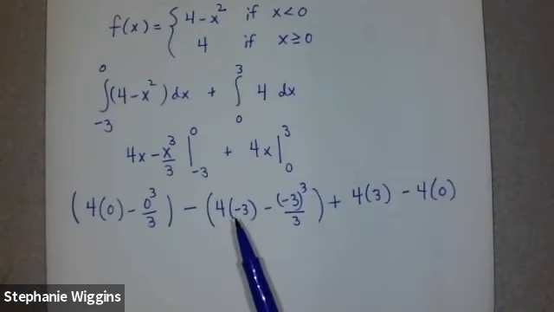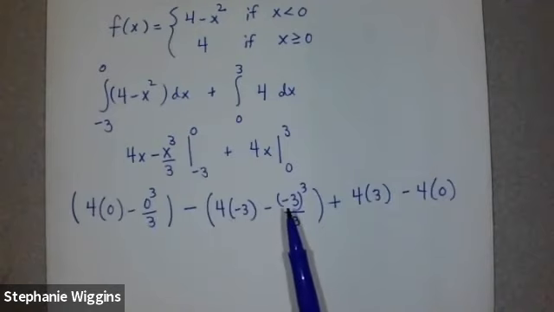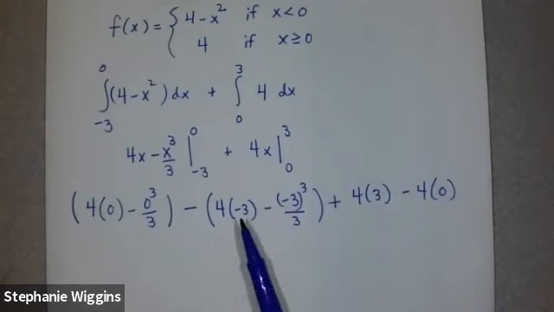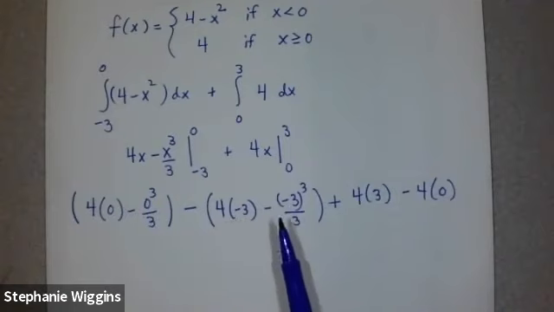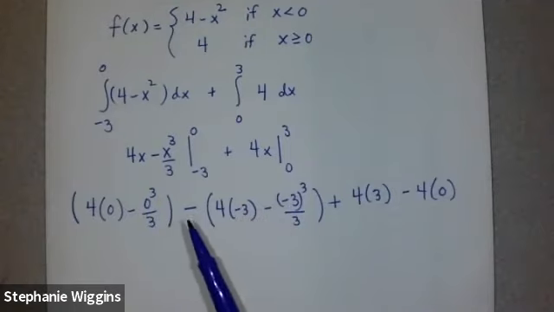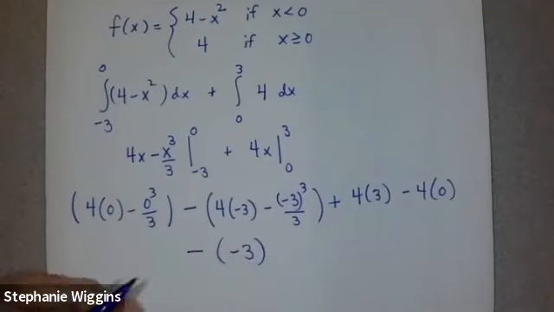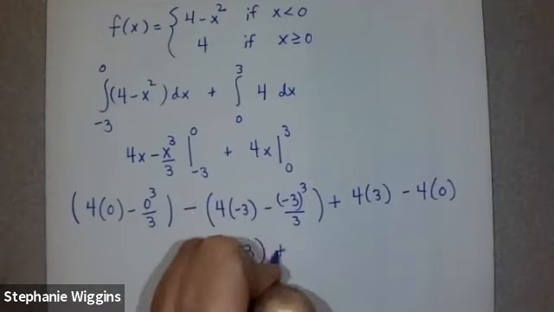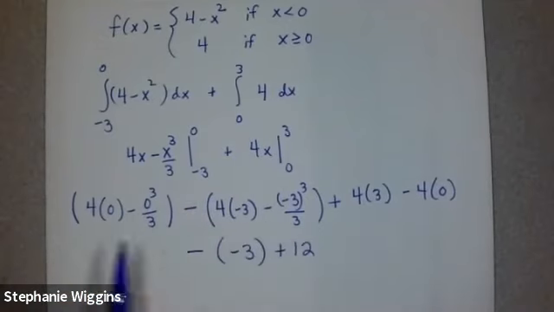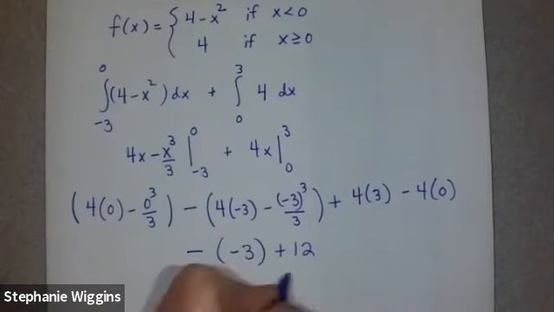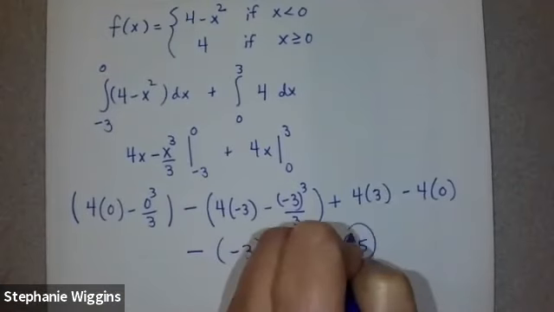I have -12 plus, because of the double negative here, 27 over 3, which is 9. So -12 plus 9 is going to be -3, but then I'm subtracting -3. So I'm subtracting a -3. And then I'm adding 12, 4 times 3. So that's going to be 3 plus 12, and that's 15.